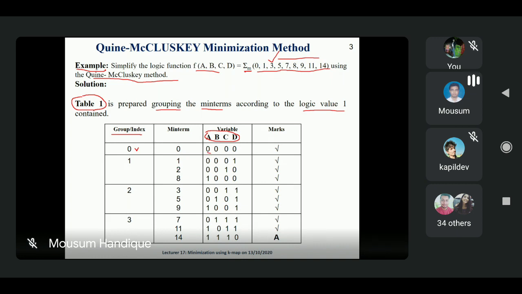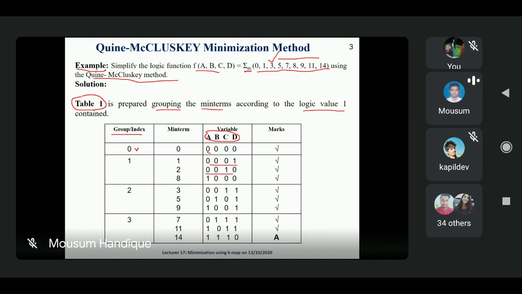And after that, in the second group, I'm using 1, 2, 8. Why am I using 1, 2, 8? Because when we write 1 in binary form, only one logic 1 is present. When we convert 2 into binary format, only one 1 is present. And when we present 8 in binary form, also only one logic 1 is present. So here it is 0001, and here also it is 1.